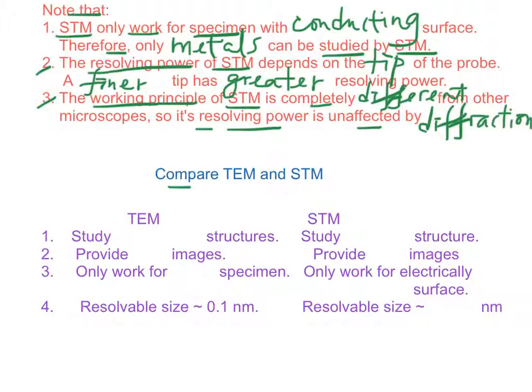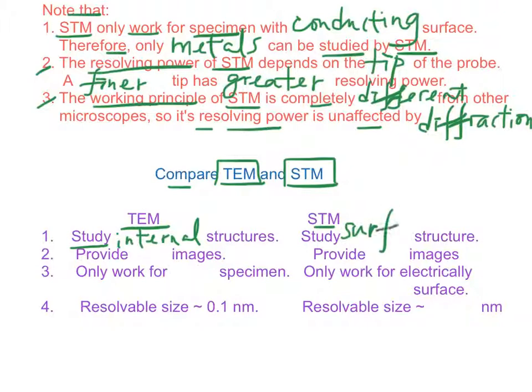Let's compare transmission electron microscope TEM with scanning tunneling microscope STM. TEM is used to study the internal structure of the specimen. STM is only used to study the surface structure of the specimens.